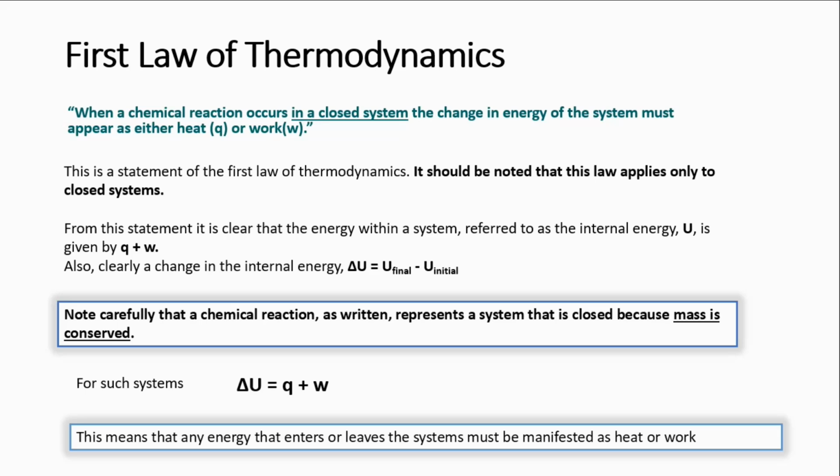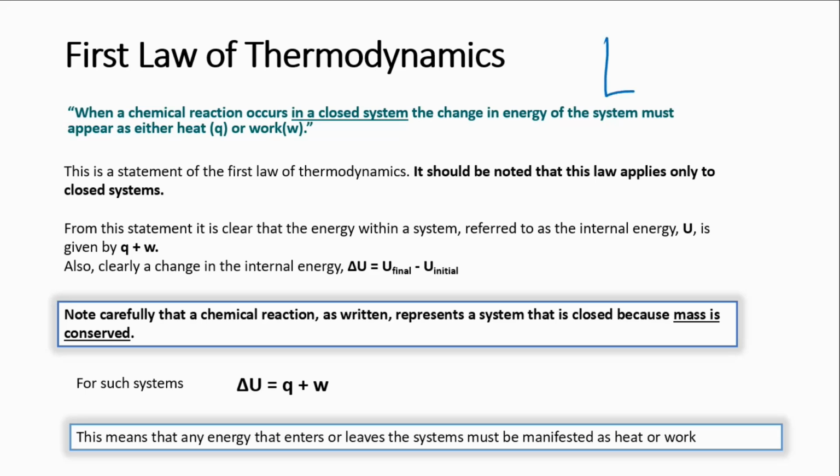Now, what is a closed system? A closed system is one which is able to exchange energy with its surroundings but not matter. Okay? So the mass of the system is constant. It can exchange energy with its surroundings in the form of heat or work.